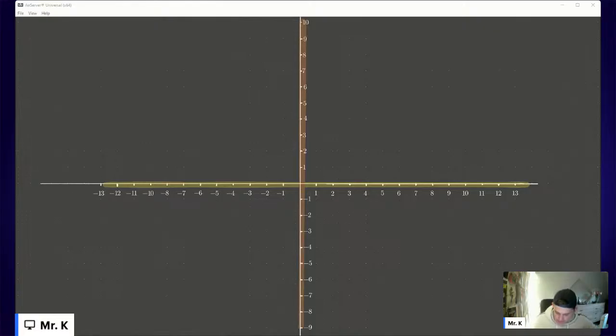Now, I said that there's also a diagonal line, and that is correct. It's a line that perfectly intersects the origin at 45 degrees, right? So it would be a line that looks something similar to this over here.